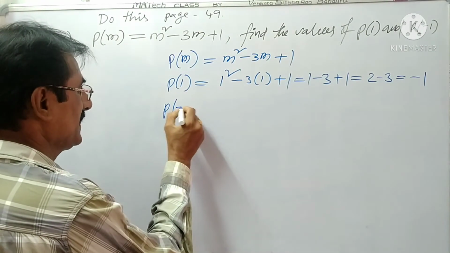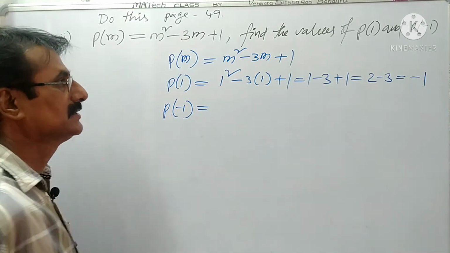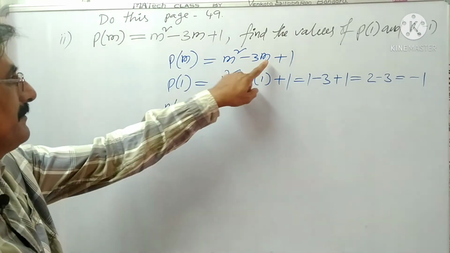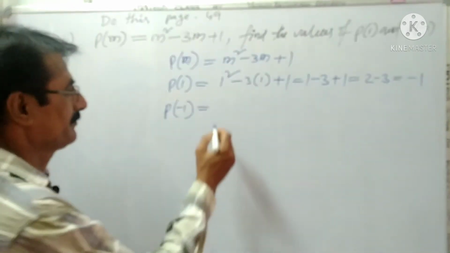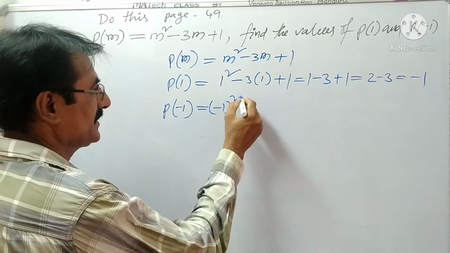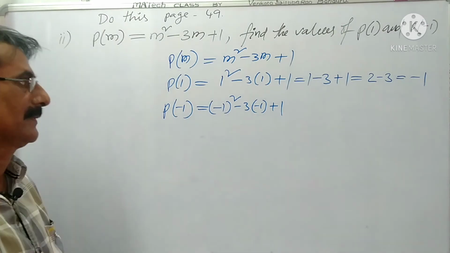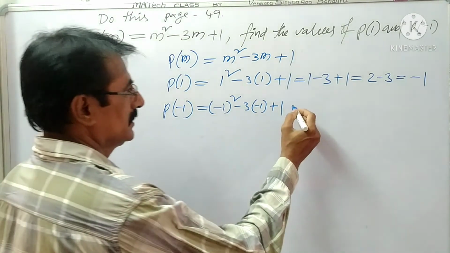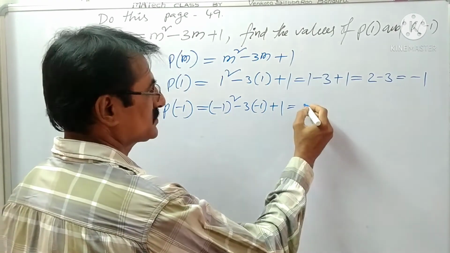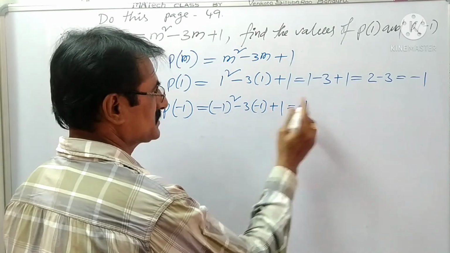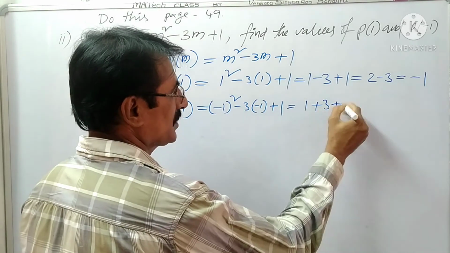Next, p of minus 1 equals, just replace m with minus 1. Minus 1 whole square, minus 3 into minus 1, plus 1. Minus 1 whole square is nothing but 1, minus minus plus 3, plus 1.